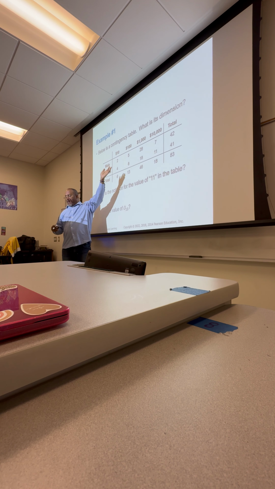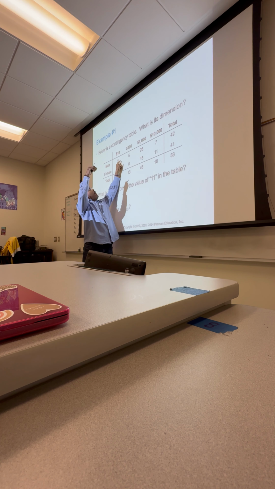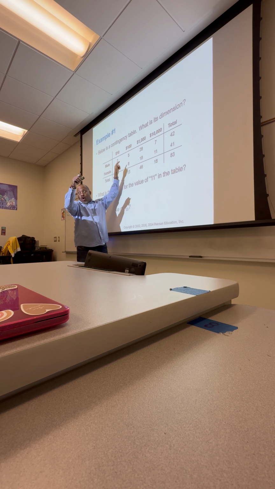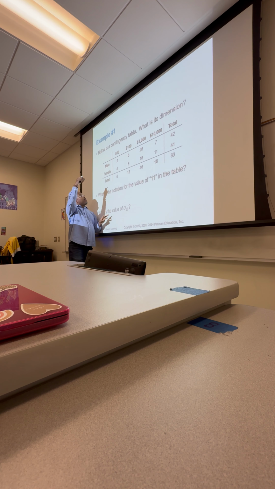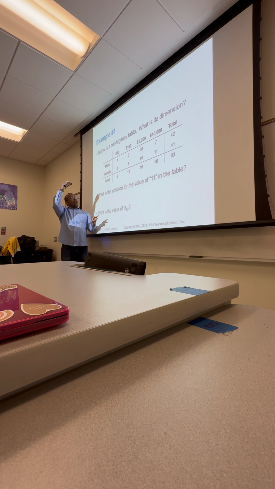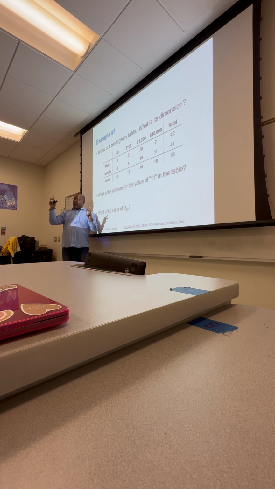Is everybody with me so far? How many classes are with this variable? 4. So 4 minus 1 is? 3. We have another variable though, gender. How many classes? 2. 2 minus 1, which is? 1. What do you think the degrees of freedom is?